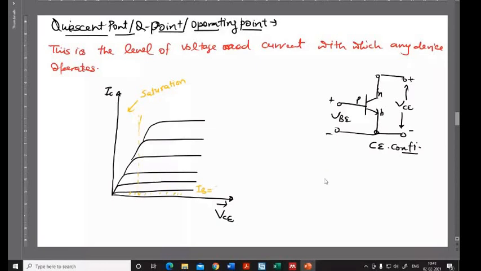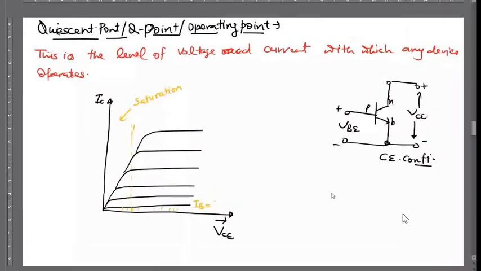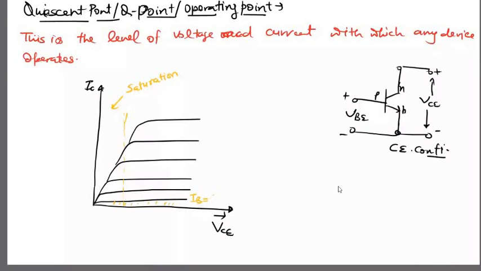And here this is known as the cutoff region, as you know well, and this whole region is known as the active region. Generally we operate in the active region, where the transistor operates as an amplifier. In the saturation region it can act as a switch, and in the cutoff region it does not operate.